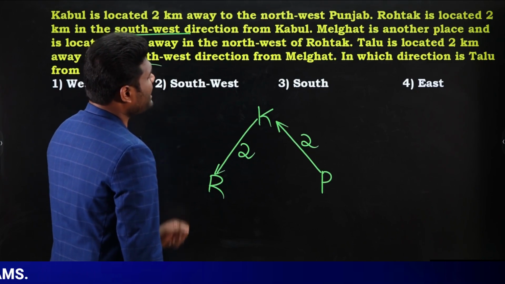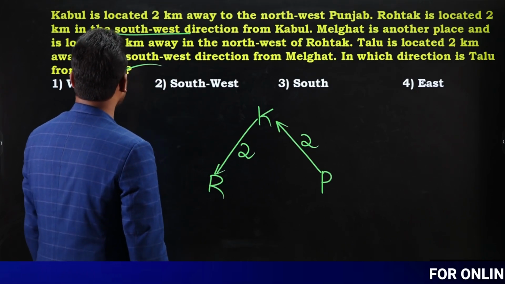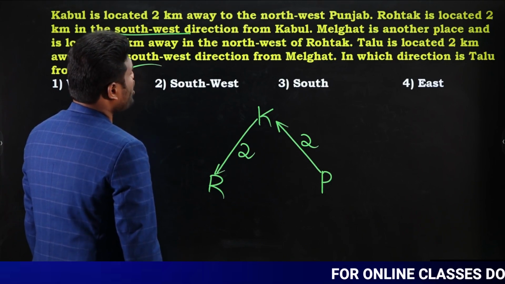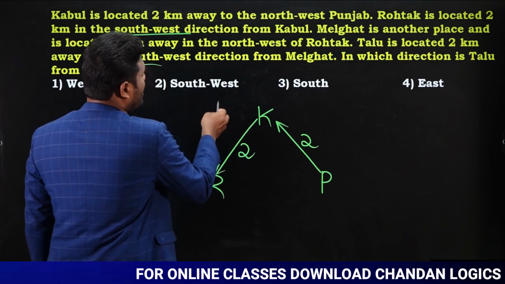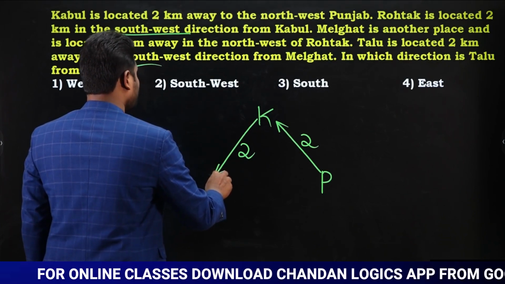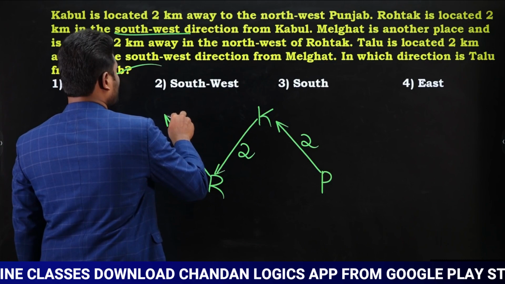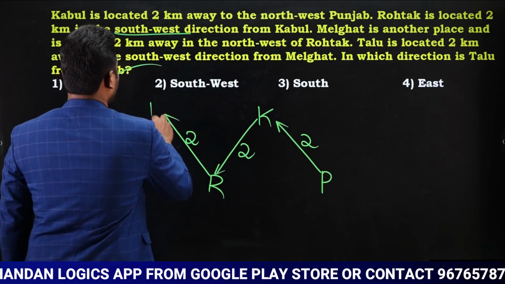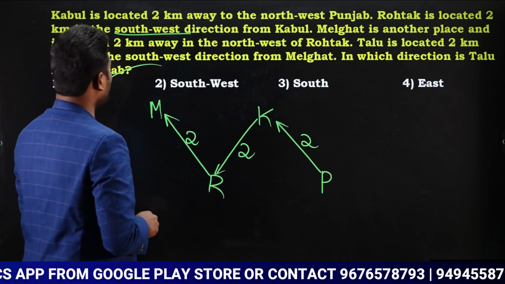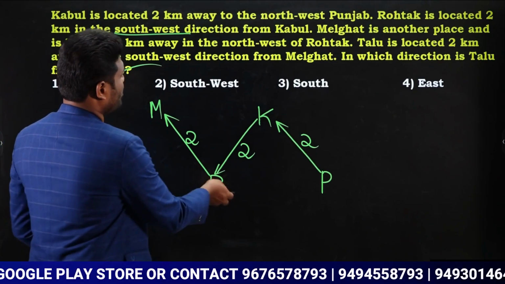Next, Malghat is another place and is located 2 kilometers away in the northwest of Rohtak. Look here, northwest of Rohtak. Now look here, this is north, this is west. Northwest means in between. So 2 kilometers northwest, what is there? Malghat. Malghat is 2 kilometers northwest of Rohtak.